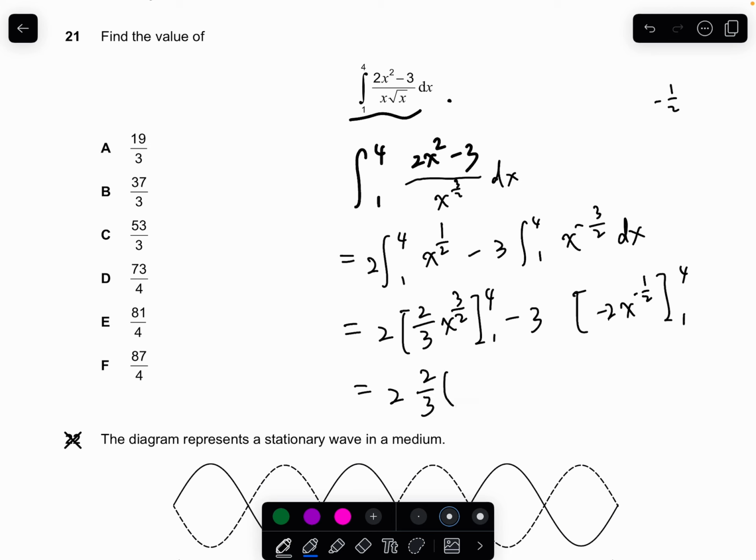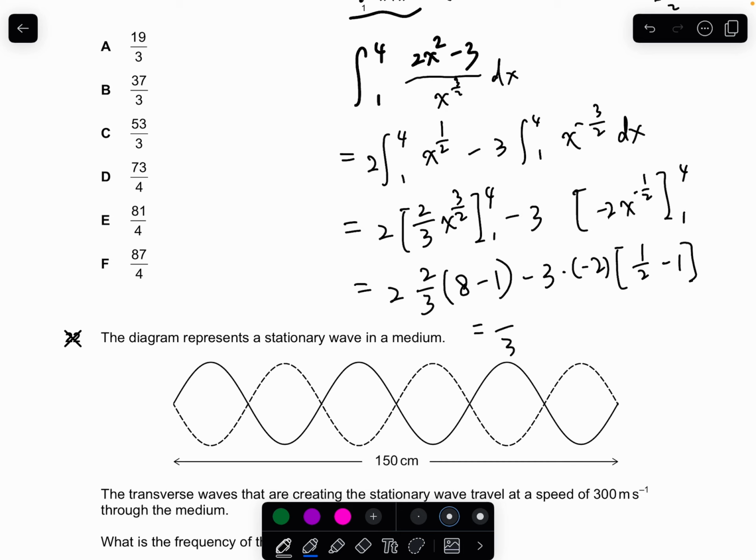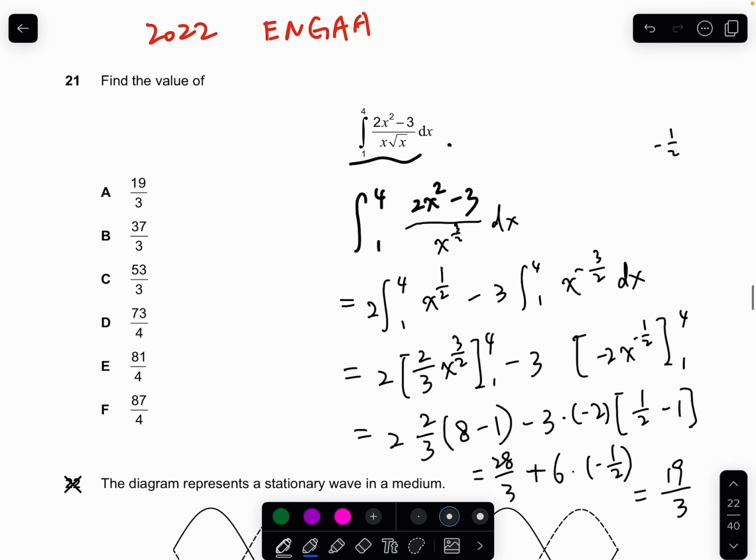This would be 8 minus 1 minus 3, 1 over 2 minus 1. Is this right? I think this would be great.